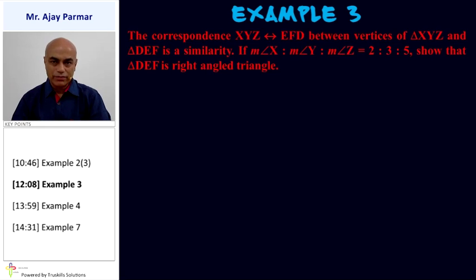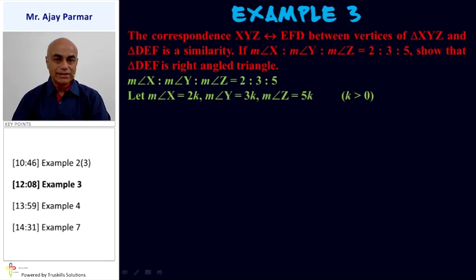That means we are expected to find out that one of the angles of triangle DEF is 90 degrees. So let measure angle X be 2K, measure angle Y be 3K, measure angle Z be 5K, where K is some common multiplier that is greater than 0.